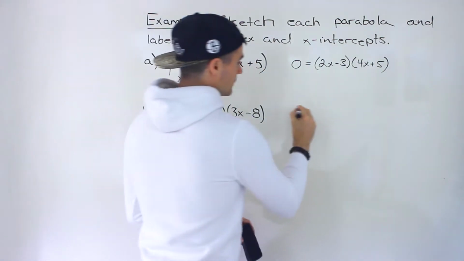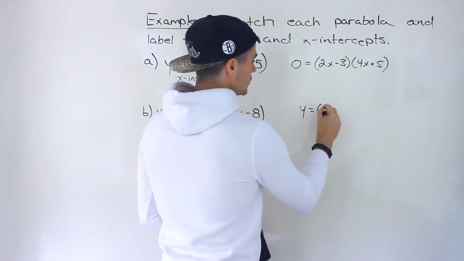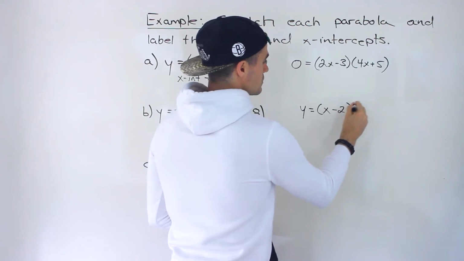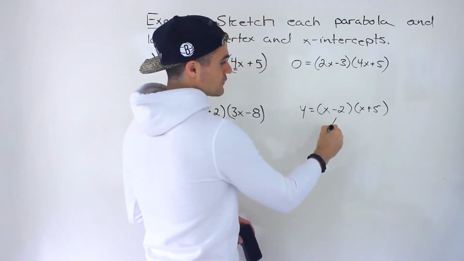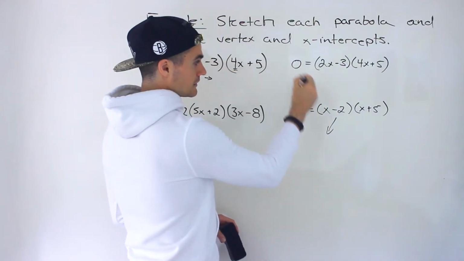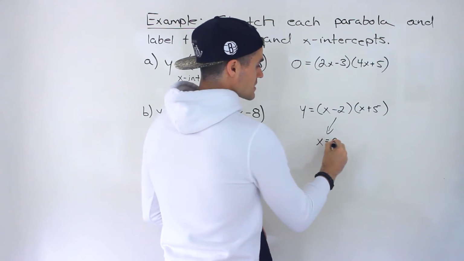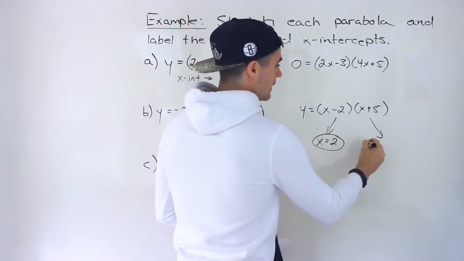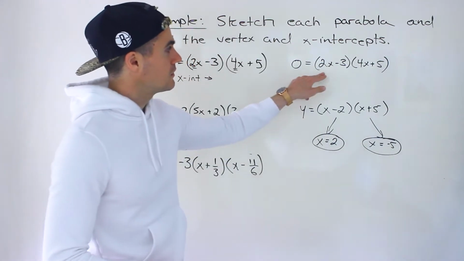So if you remember before, what was happening is we had quadratics like x minus 2 times x plus 5, for example. And then we could see from here, whether we did it algebraically or even just looking at it, that the x-intercepts were 2 and -5. However, unfortunately here, you can't do that.